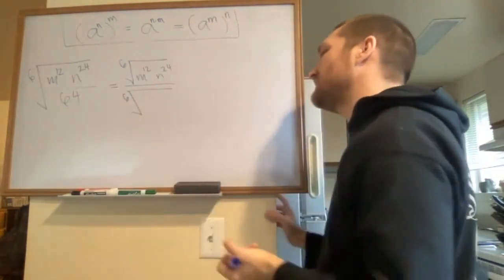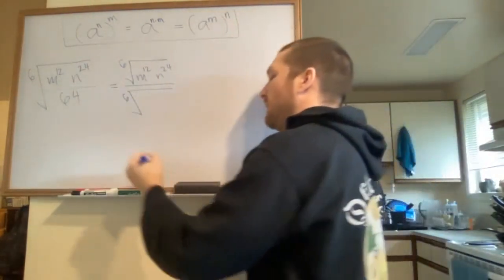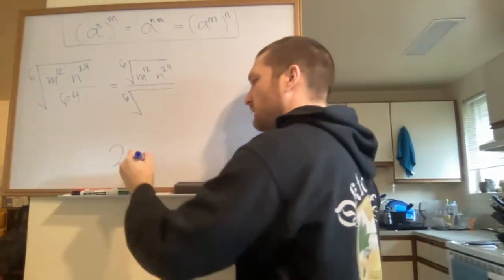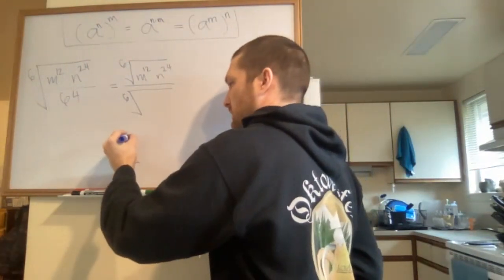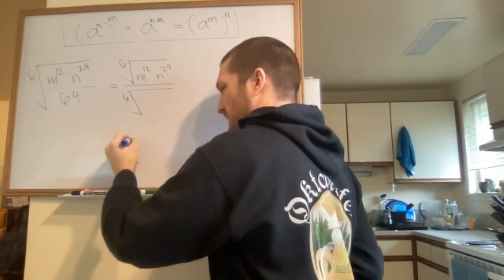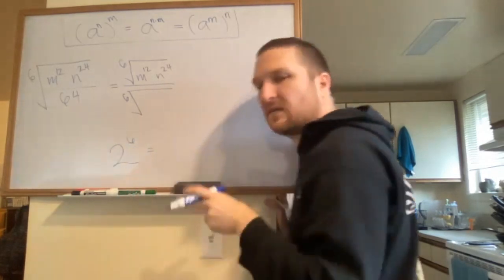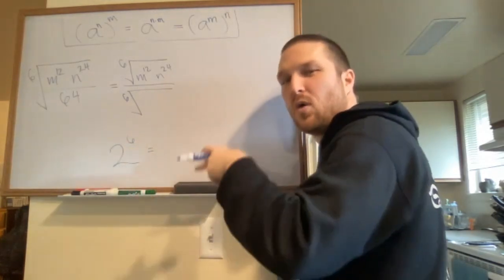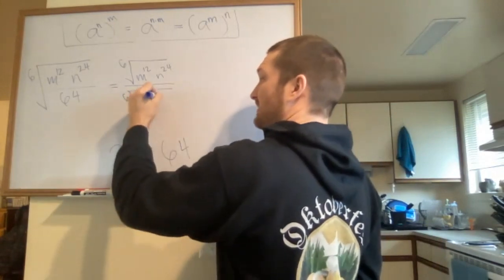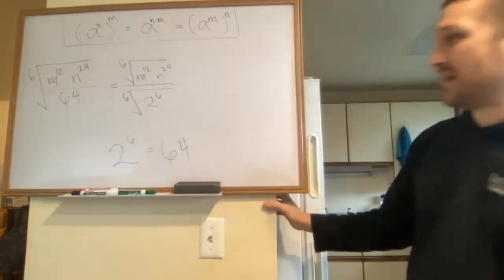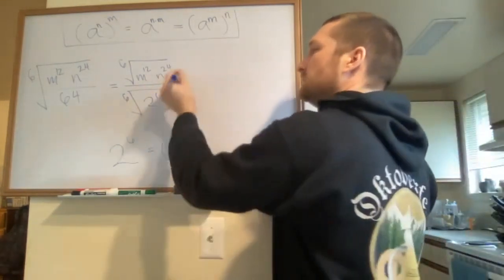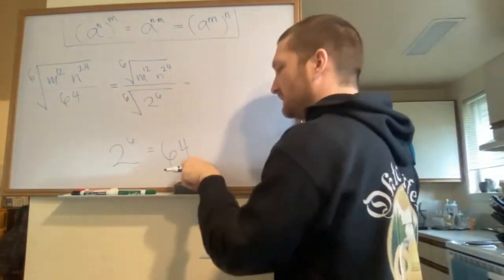Can we rewrite 64 as 2 to some power? 2 to the 6th, I think, because 2 to the 5th we just said was 32. One more of them would give me 64, so that's nice. Don't need to worry about that denominator anymore, but let's just keep it like that for a second.